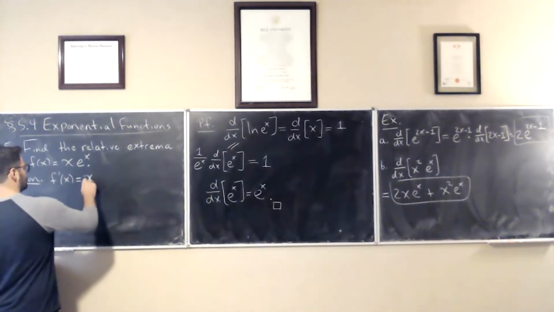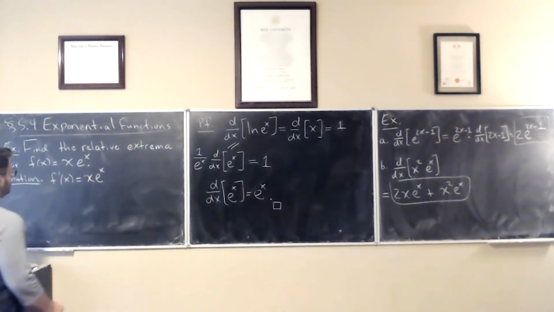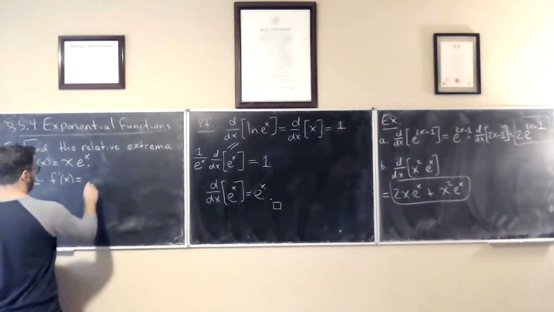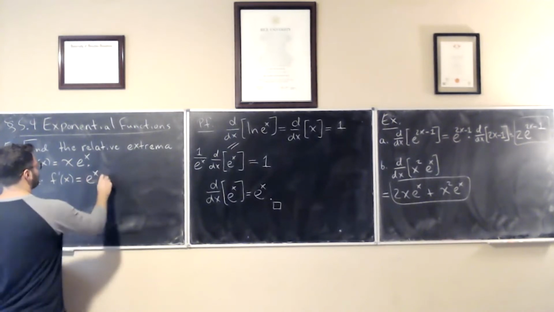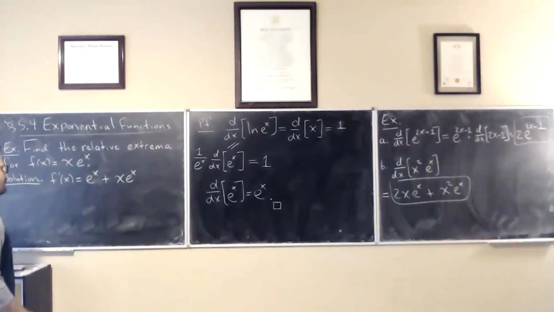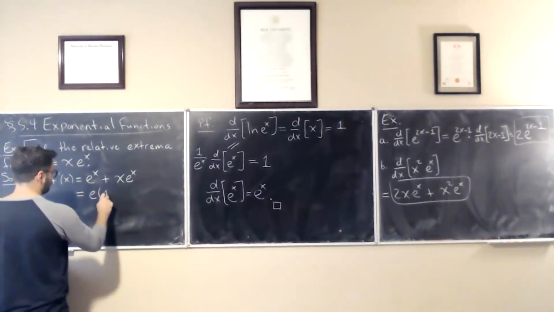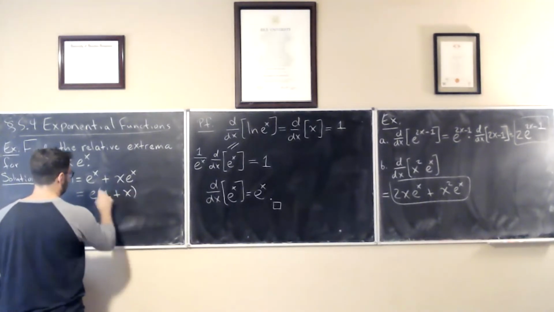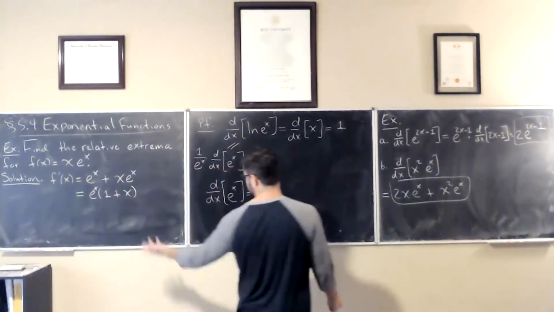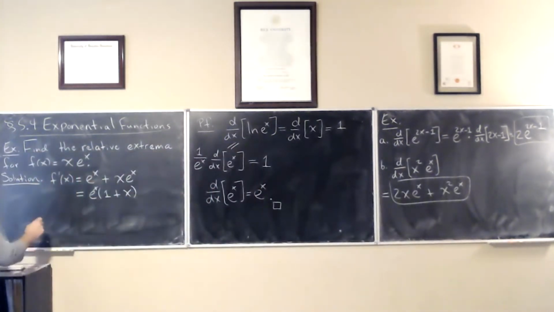So we get e to the power x times 1 plus x times e to the power x. And just to make life a little bit easier, I'm going to factor that out.